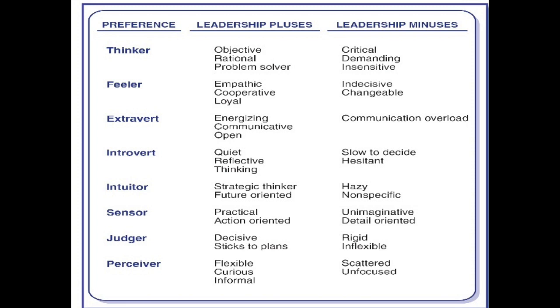insensitive. However, if you know that you have a preference of being a thinker type of leader, you will then know that you have these critical minuses, such as being very critical, demanding, and insensitive. Then you may want to modify these personality traits when you're leading your team. For example, if you're an extrovert, you have the leadership plus of being very energizing, communicative, and very open.